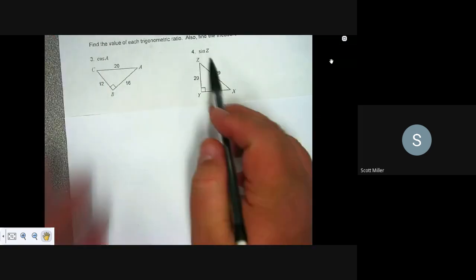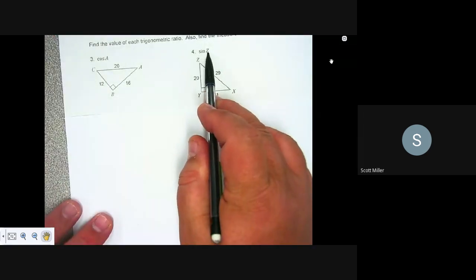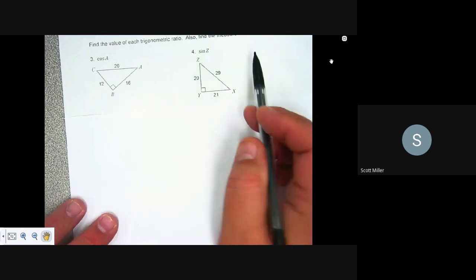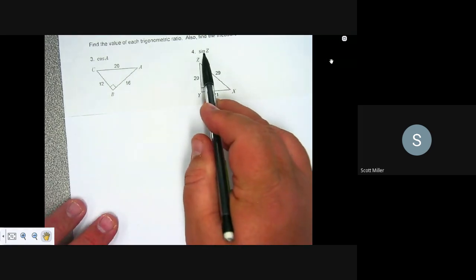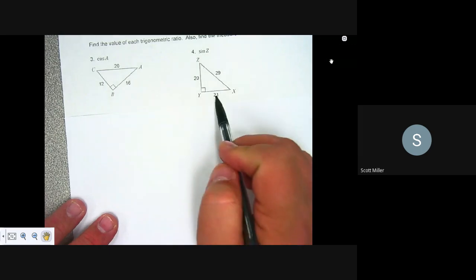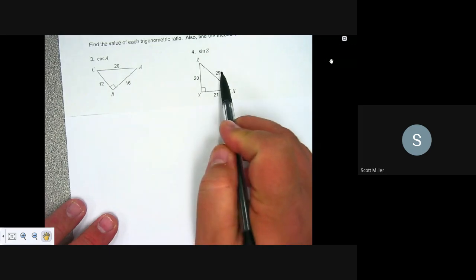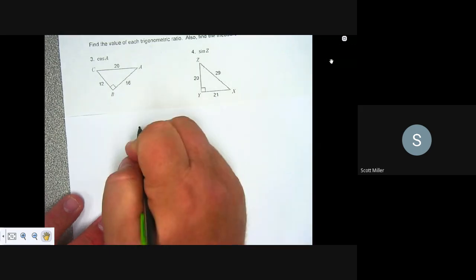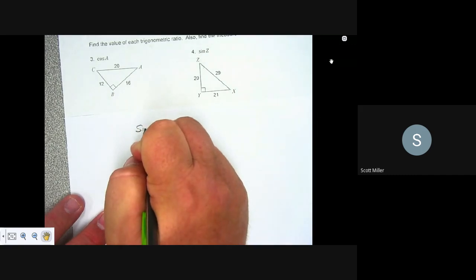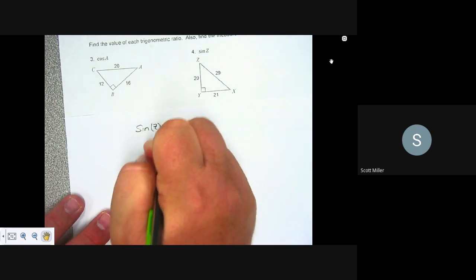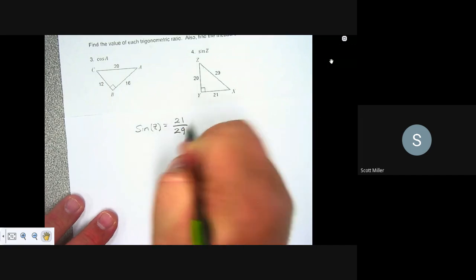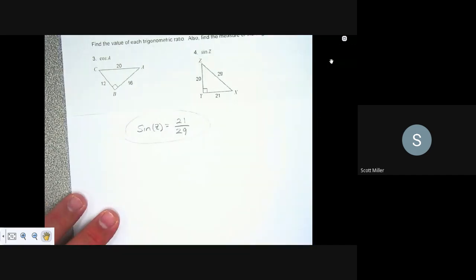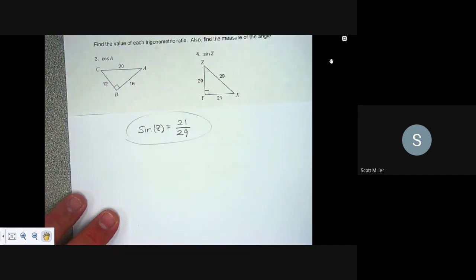In this case, I'm looking for the sine of Z, angle Z. So I look here, here's angle Z. And so to find the sine, I need to know the opposite over the hypotenuse. So the trig ratio for sine of Z is the opposite over the hypotenuse. And that is the first thing they wanted. That is the trig ratio.